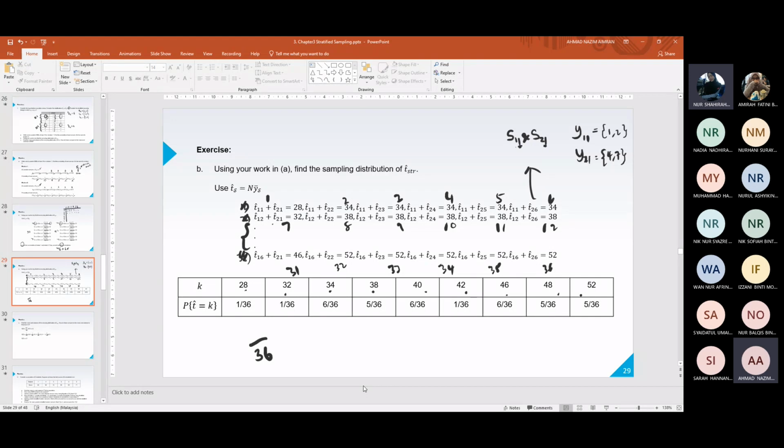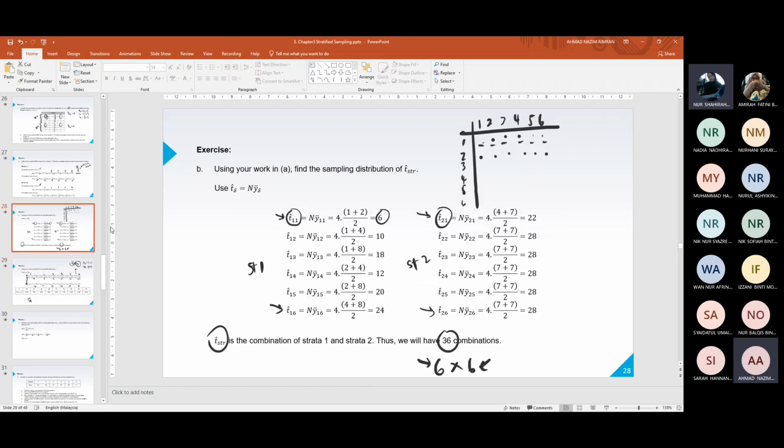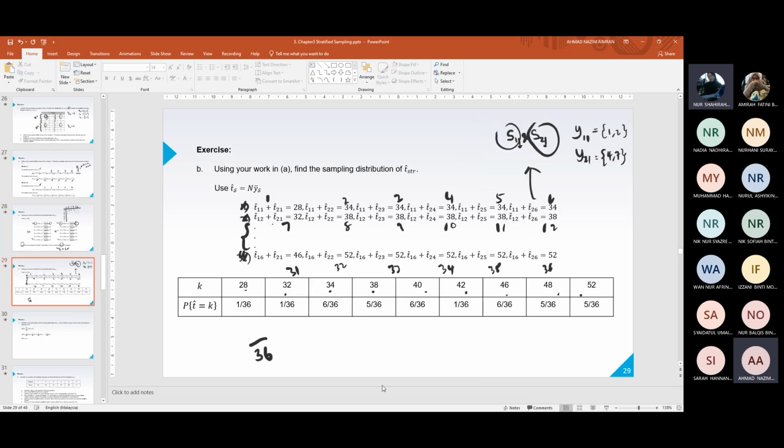Okay, so now kita nak calculate yang first possible sample in stratum number 1 and first possible sample in stratum number 2. It's just T11 plus T21, that is T11 6 plus T21 22, which is equal to 28.